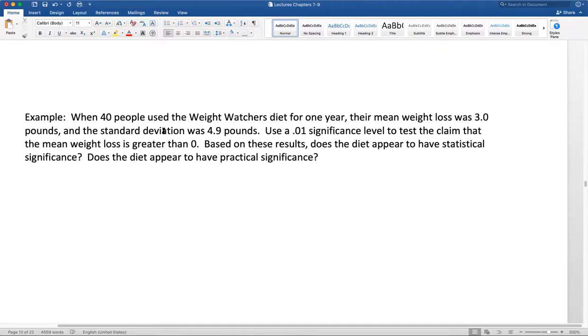When 40 people use the Weight Watchers diet for 1 year, their mean weight loss was 3.3 pounds, and the standard deviation was 4.9.